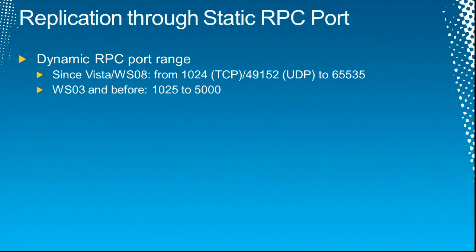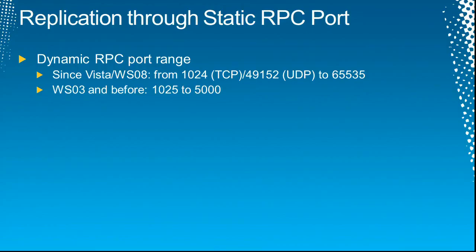So let's talk about the case of a DMZ or a segmented network. The best practice and recommendation here is that the replication between the writable domain controllers in the hub and the RODC is controlled in some way.